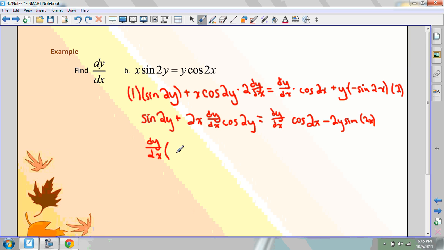So dy dx times 2x cosine of 2y minus cosine of 2x equals this one, which is negative 2y sine of 2x minus sine of 2y.